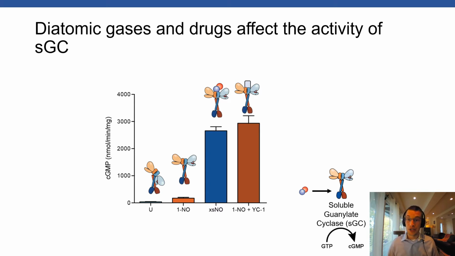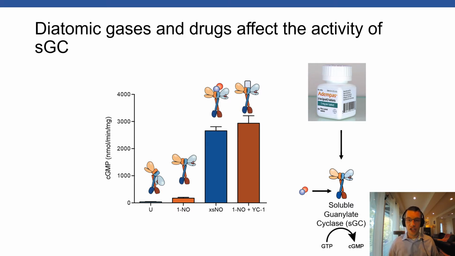Bayer has put a lot of work into developing these small molecule stimulators, and in 2013, Adempas became the first FDA-approved SGC stimulator. This is used to treat certain forms of hypertension, pulmonary arterial hypertension, and chronic thromboembolic pulmonary hypertension. But how these small molecules and diatomic gases activate SGC is still not understood.